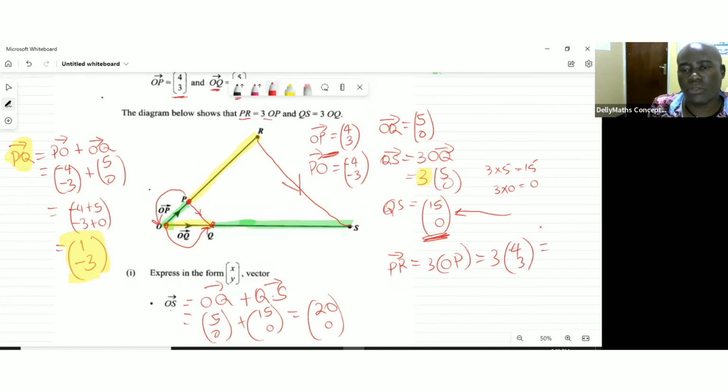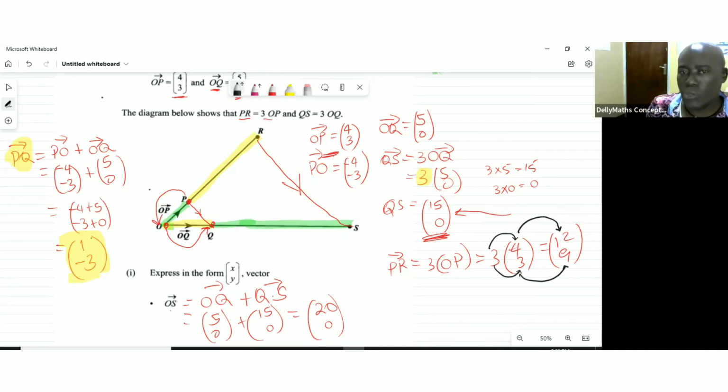This is a quick scalar multiplication: 3 times 4, that's 12, 3 times 3, that's 9. So PR is (12, 9).